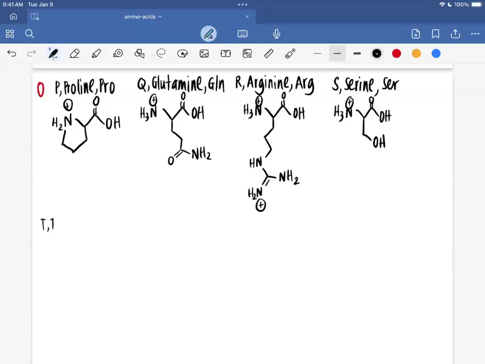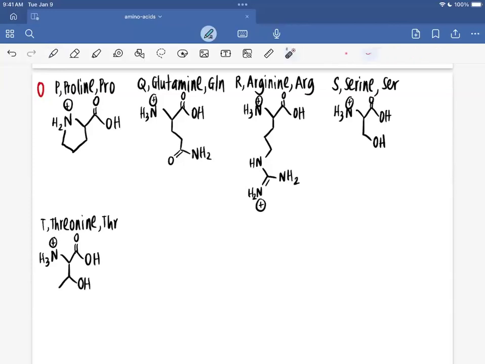T is single letter code for threonine, or THR as our three-letter code. And threonine is going to incorporate the backbone that is essentially going to be an extension of serine. So if we draw serine, we just have a methyl group.